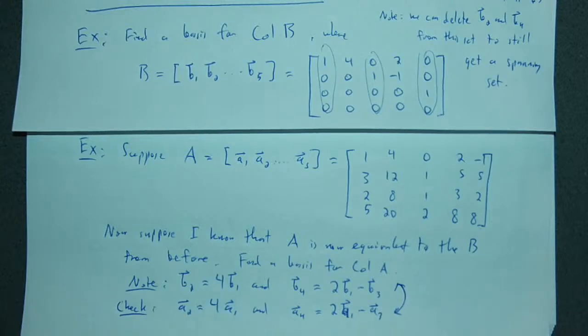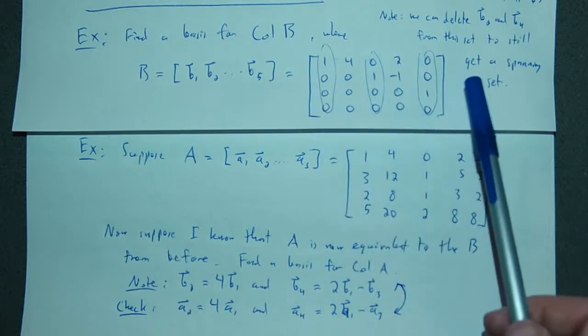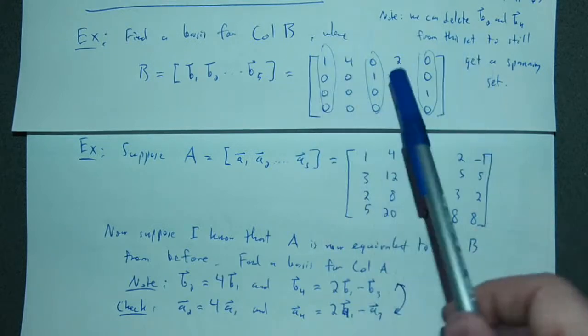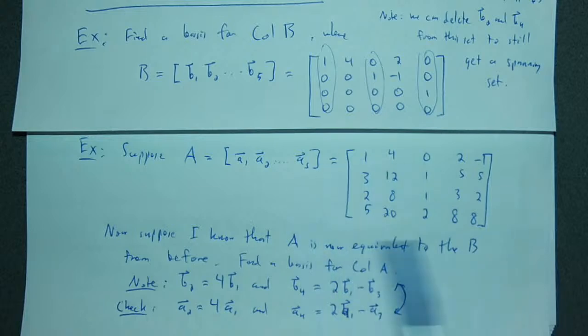So the point is that whatever linear dependence relations exist between the columns of B will also exist between the columns of A and vice versa. And so that is going to be true for row equivalent matrices. Because if I end up having a linear dependence relation among the A's, that is going to result in a linear dependence relation among the B's and vice versa.